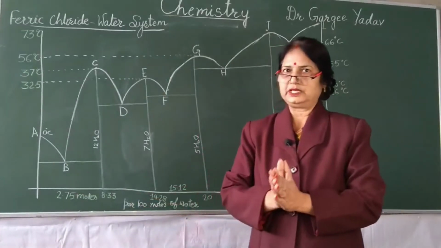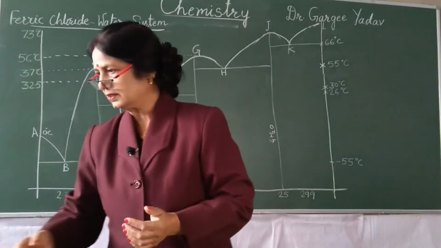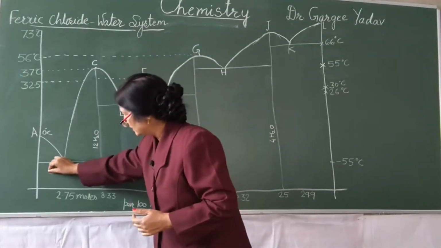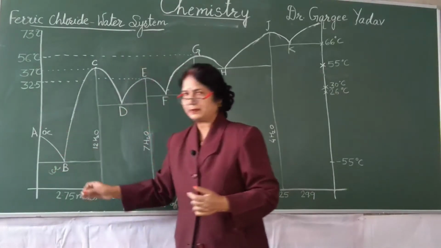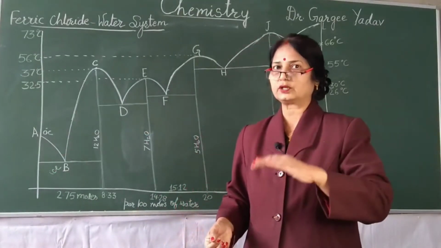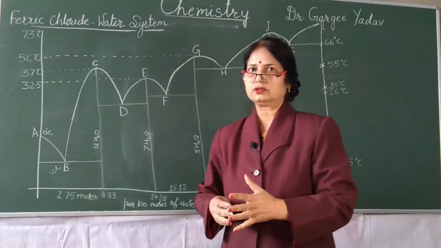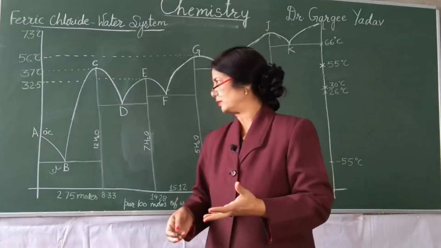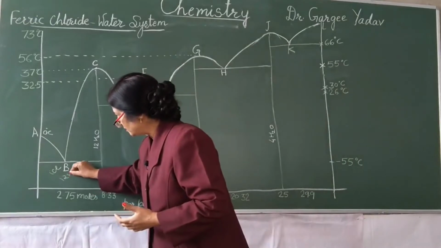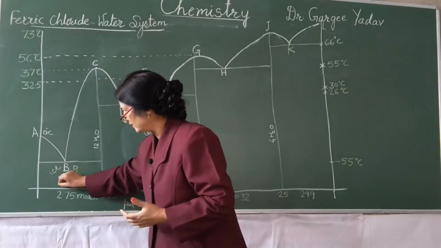And at point B, we will be having ice. And what will happen? A stable hydrate, dodecahydrate of ferric chloride, will also start appearing over here. So we have the ice, I will represent dodecahydrate by .12 H2O.